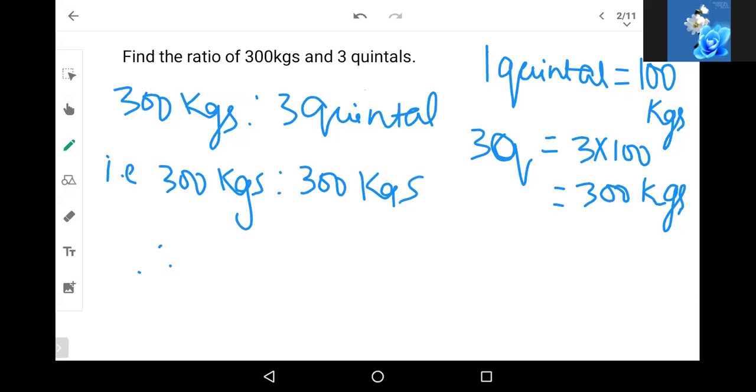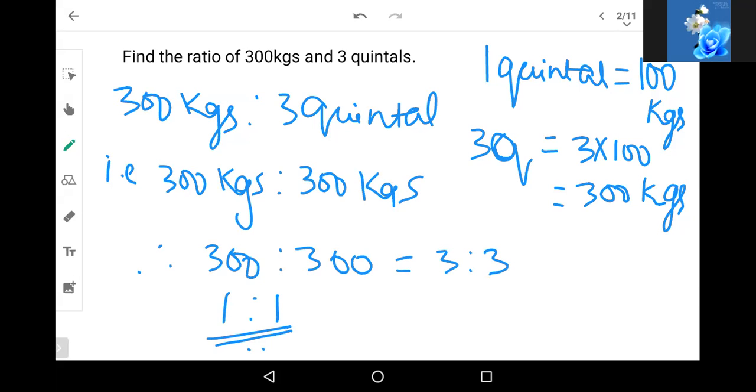Therefore, 300 is to 300, which is nothing but 1 is to 1 ratio. You can take it as 3 is to 3, no problem. 3 ones are 3, so 1 is to 1 will be the ratio. Understood this problem? Okay, now let's go to the next problem.